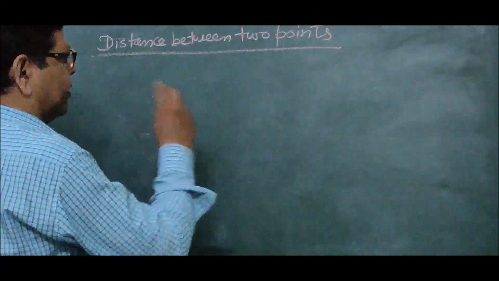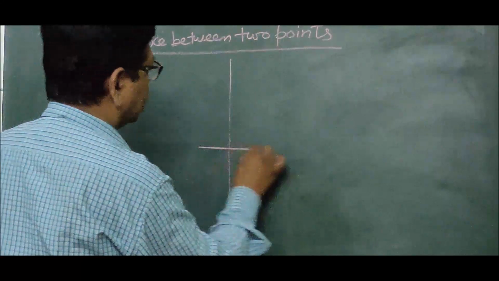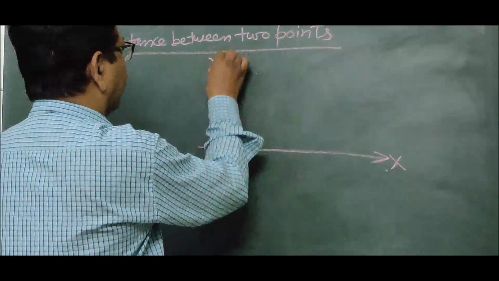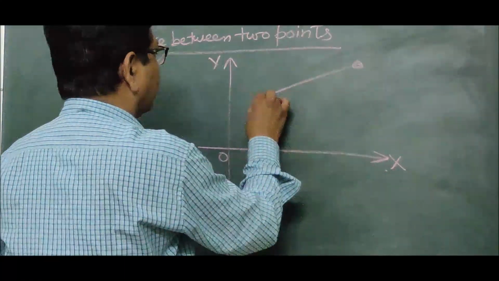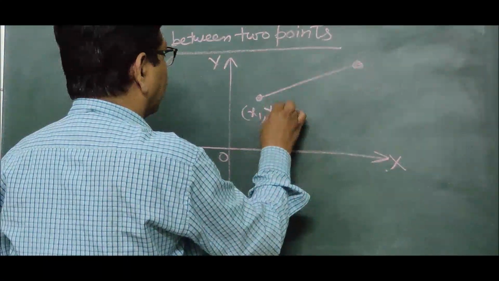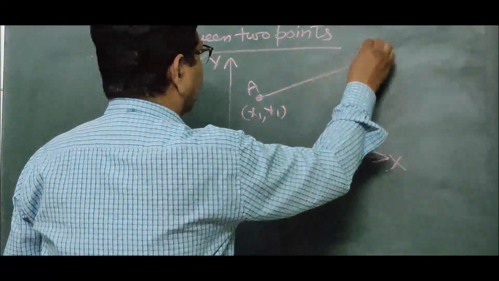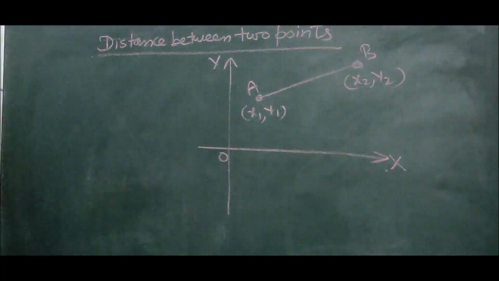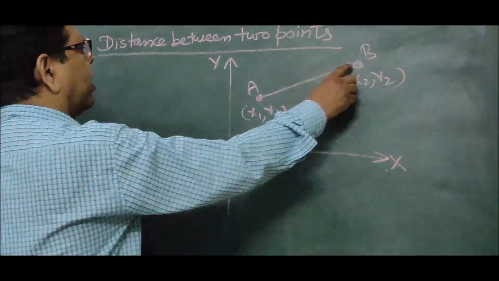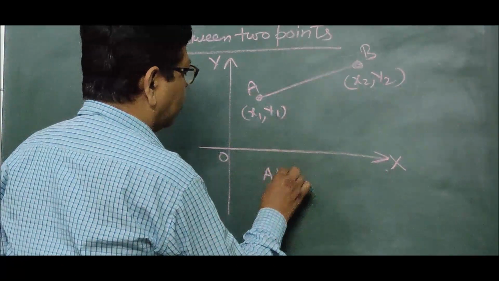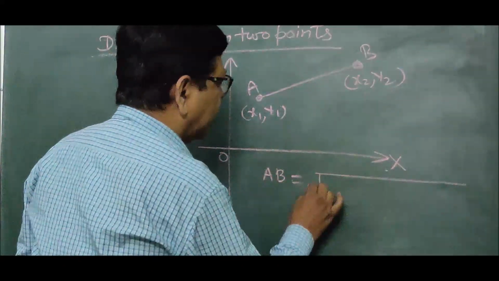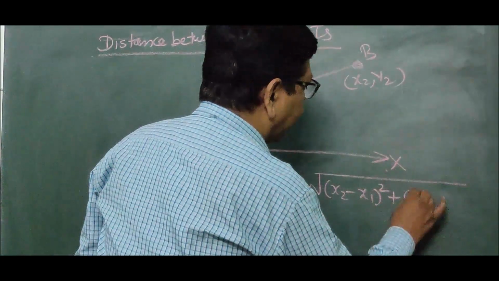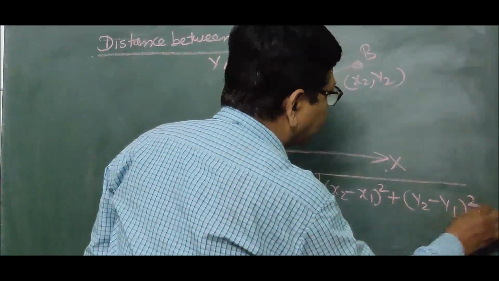So if two points have the coordinates x1, y1 and x2, y2, point A has the coordinates x1, y1, B has the coordinates x2, y2, and we want to find the distance between them, distance between A and B. So distance AB is equal to under root of x2 minus x1 whole square plus y2 minus y1 whole square.